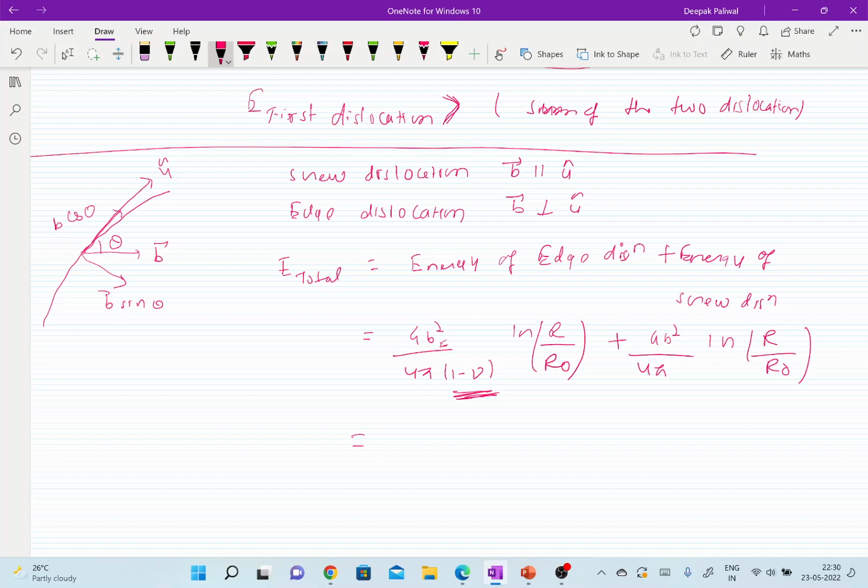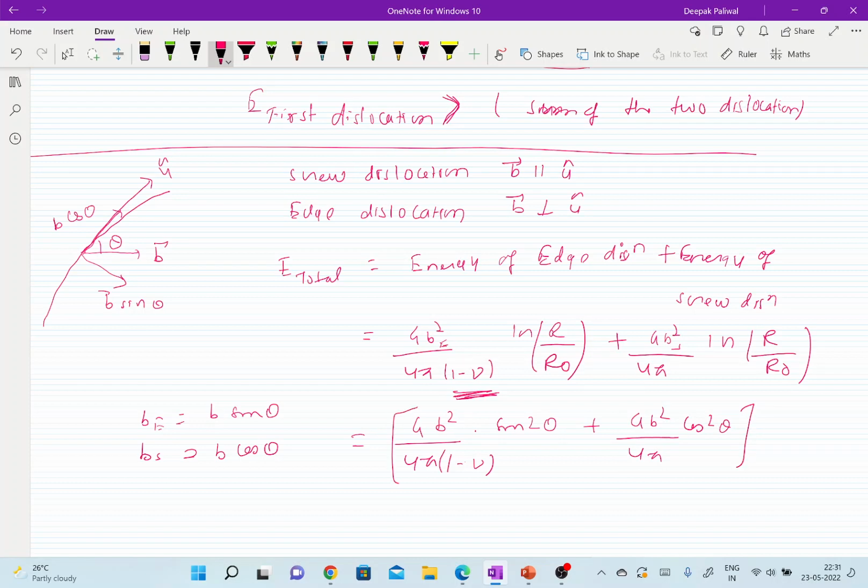Now, putting in the values of the Burgers vector, b edge is equal to b sin theta, and b screw is equal to b cos theta. So if we put in 1 minus nu, and again b square, it would become b edge square equal to sin square theta, and this will be Gb square over 4 pi times cos square theta.